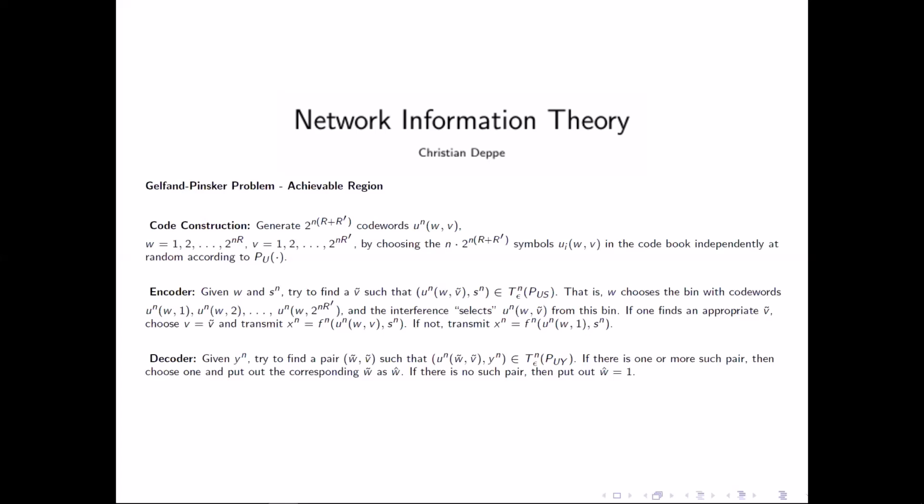Now the decoder receives Y^n. And now he tries to find a pair W tilde and V tilde such that U^n(W tilde, V tilde) and Y^n are typical with respect to U and Y. If there is one or more such pairs, then choose one and put out the corresponding W tilde as W hat.